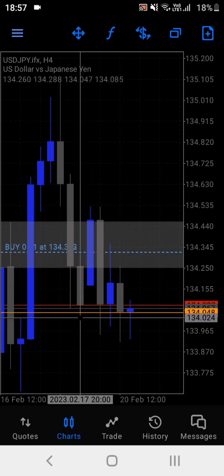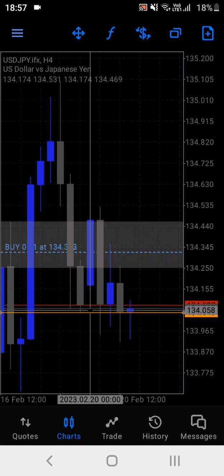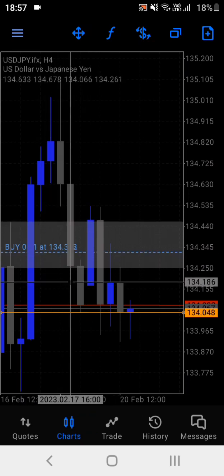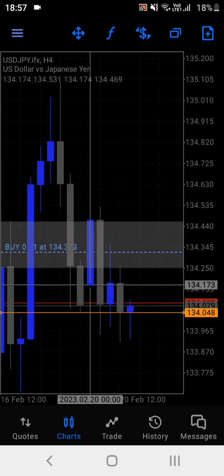Now, to identify if that break is valid, we put a horizontal zone under or above the last candlestick. So as you can see, this candlestick didn't break, the body didn't go below our zone here, but then this one did. Now this candlestick is extremely important.